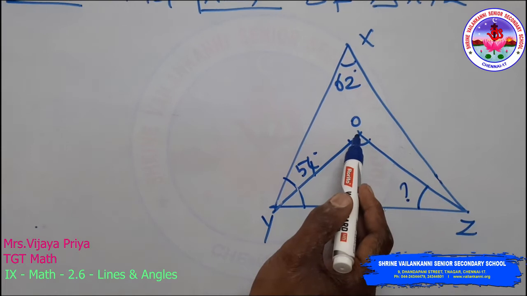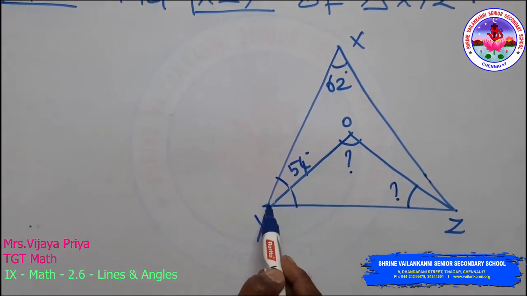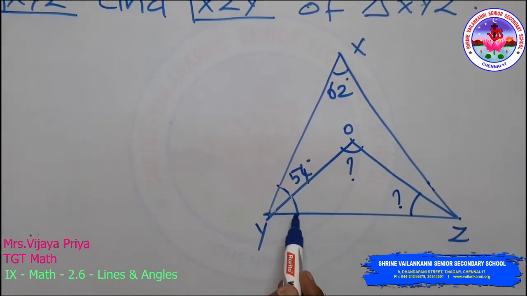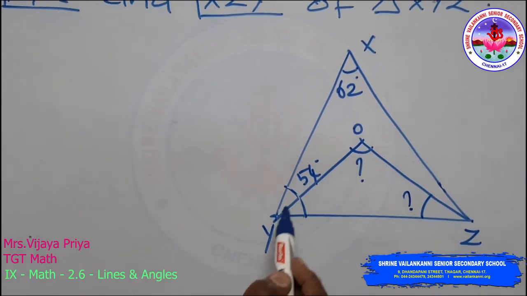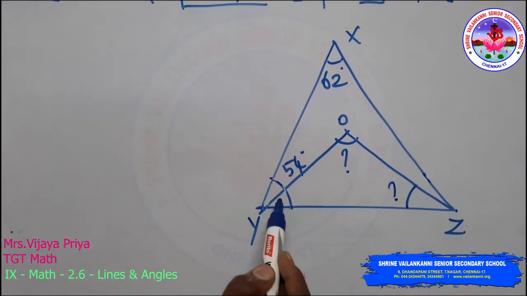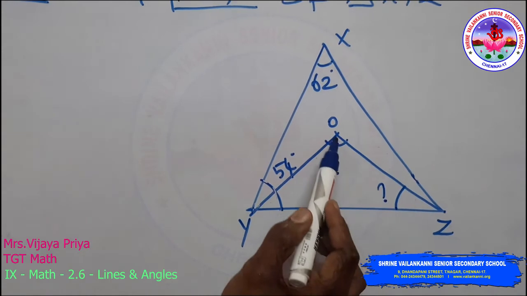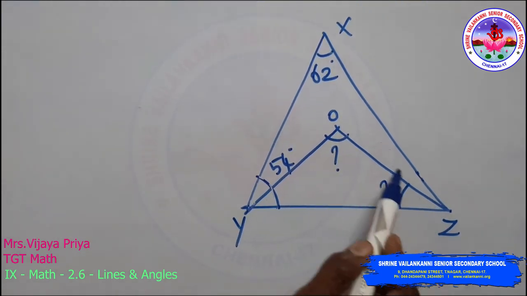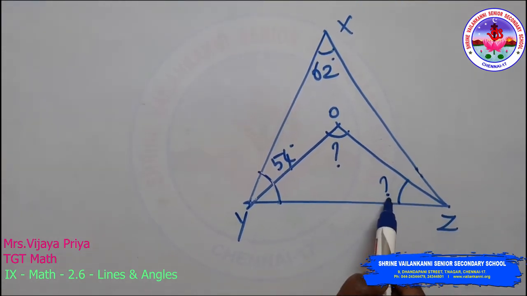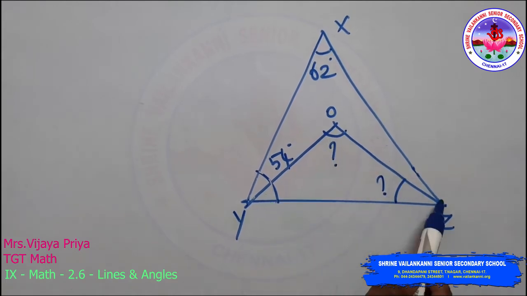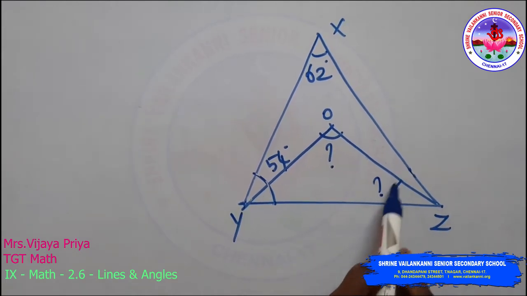He has given one more thing: YO is the bisector of angle Y, which means this YO line divides angle Y into two equal angles. Also OZ is the line which bisects angle Z, so this OZ line divides Z into two equal angles.